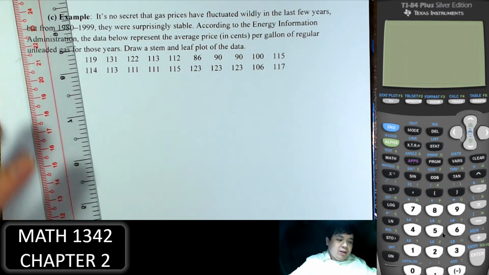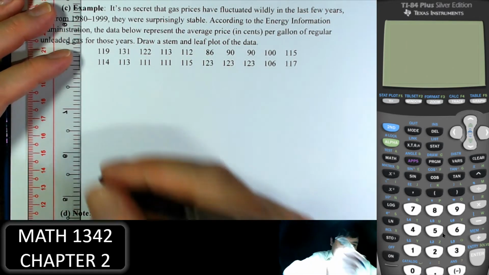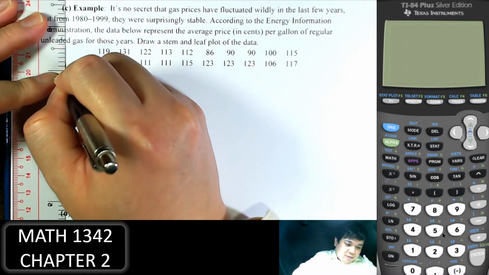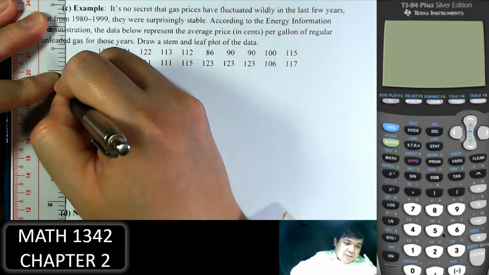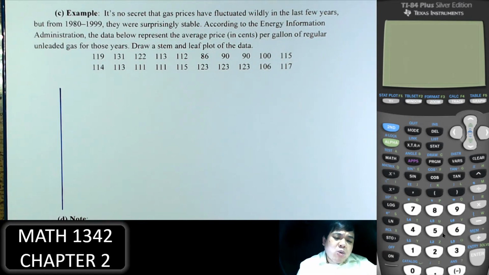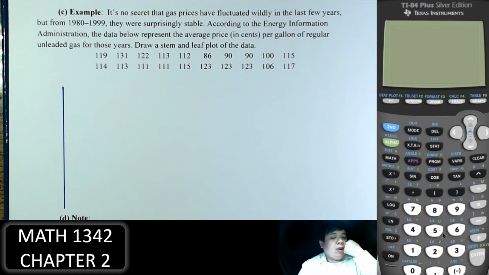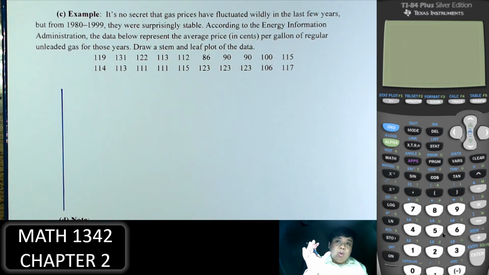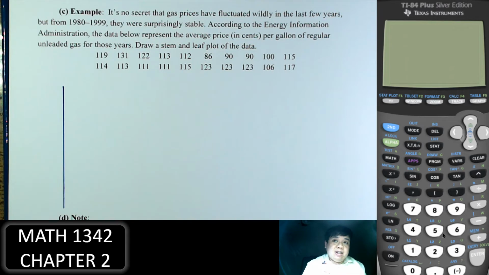So first we're going to draw a vertical bar, the stem and the leaf. The lowest one is 86, and the highest one is 131. Again, the rightmost digit is the leaf, and everything on the left of that is the stem.